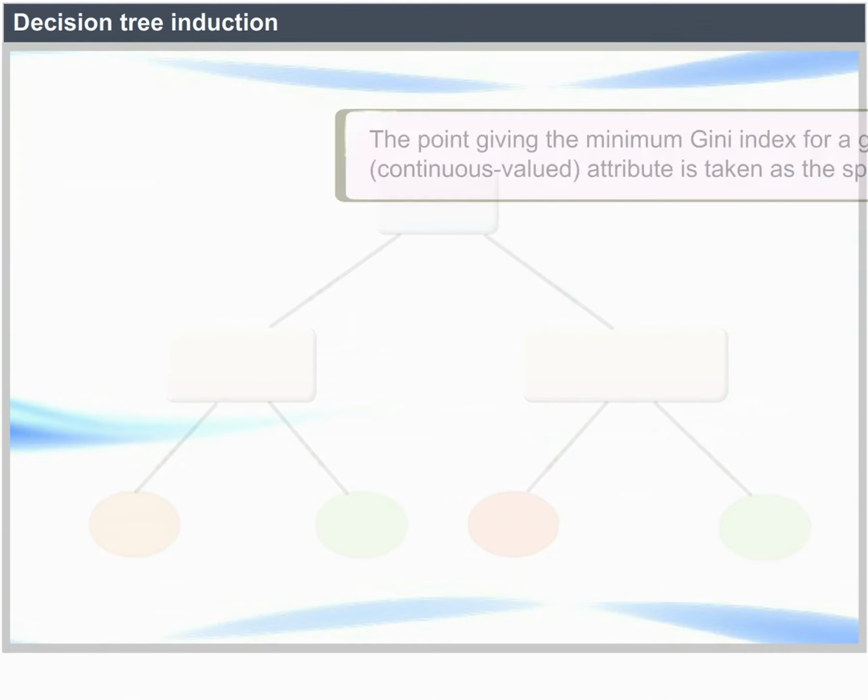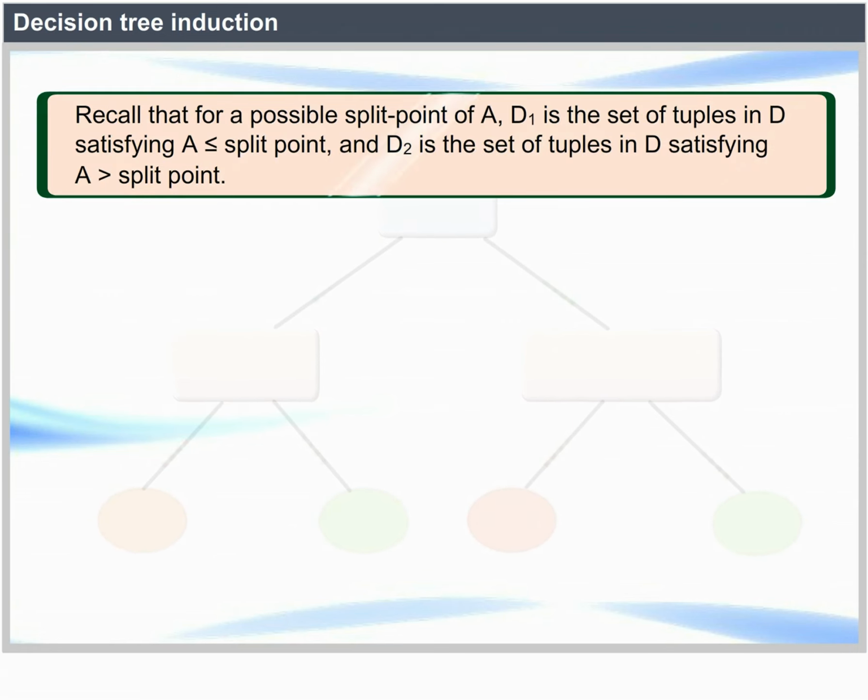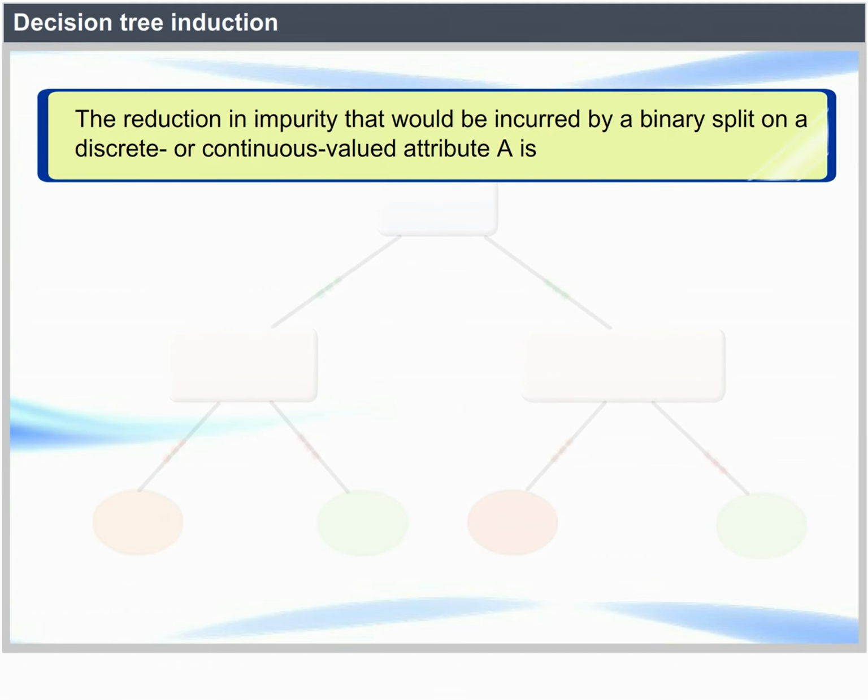The point giving the minimum Gini index for a given continuous valued attribute is taken as the split point of that attribute. Recall that for a possible split point of A, D1 is the set of tuples in D satisfying A less than or equal to the split point, and D2 is the set of tuples in D satisfying A greater than the split point. The reduction in impurity that would be incurred by a binary split on a discrete or continuous valued attribute A is delta Gini(A) equals Gini(D) minus Gini_A(D).